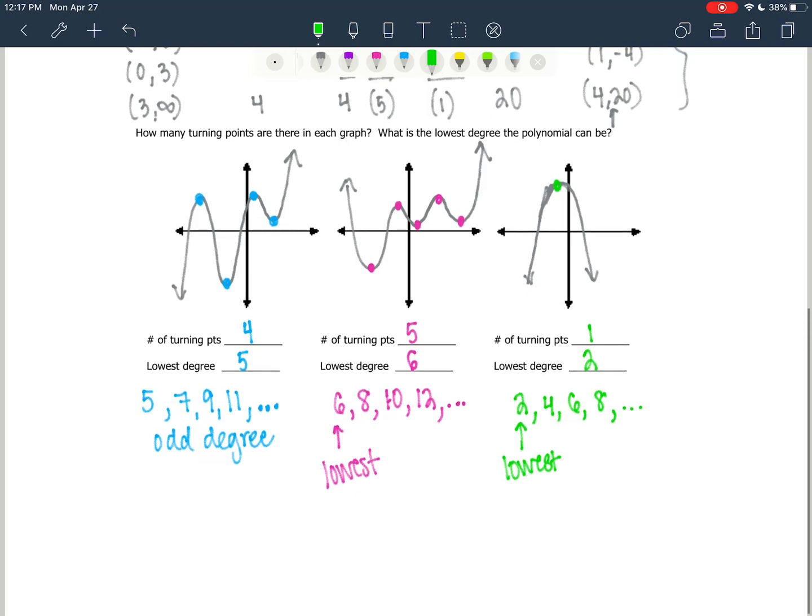So if you have an odd number of turning points, an odd number of turning points equals an even degree polynomial.